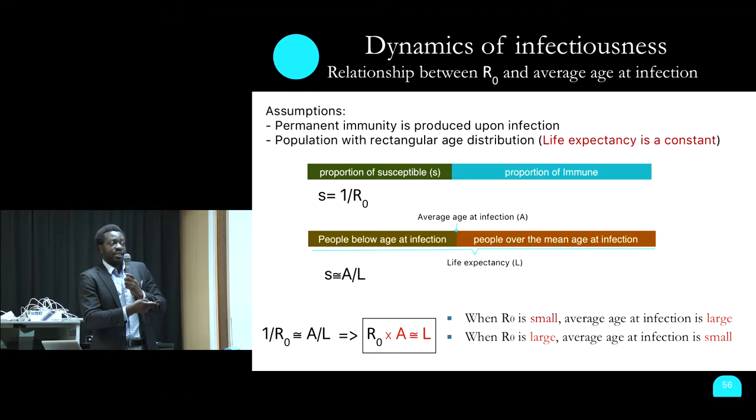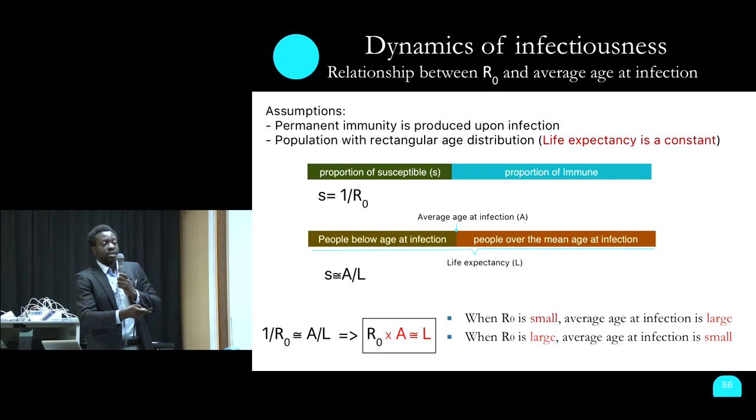So we can estimate the proportion of susceptible. In a population where some people are susceptible and some are immune, the proportion of susceptible is given by this relationship, 1/R0. And we can also estimate in a very different way the proportion of susceptible looking at the age at infection.